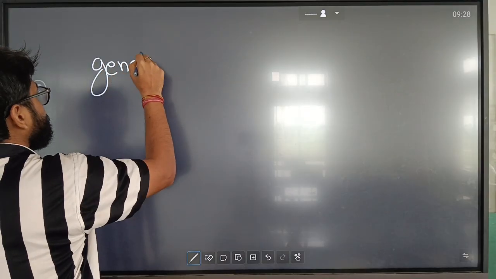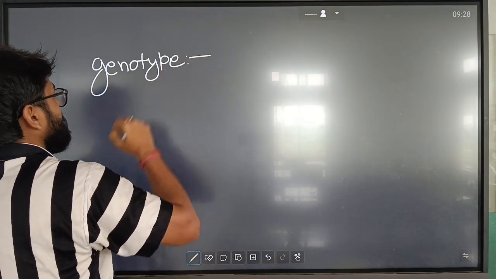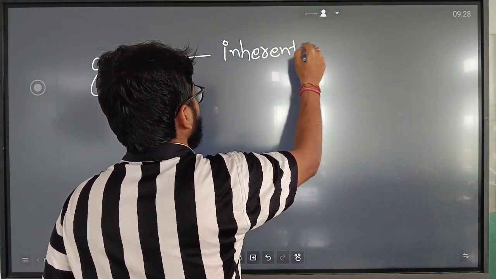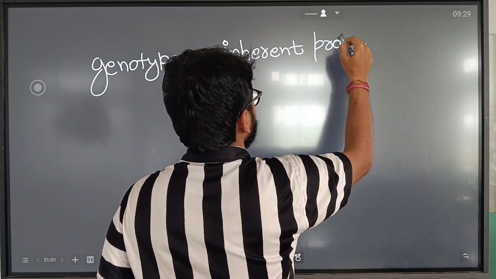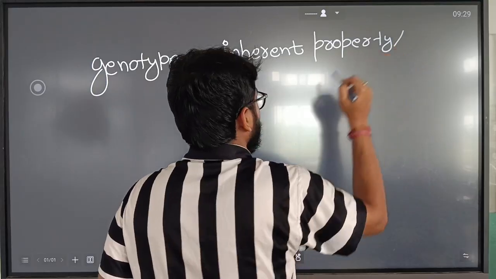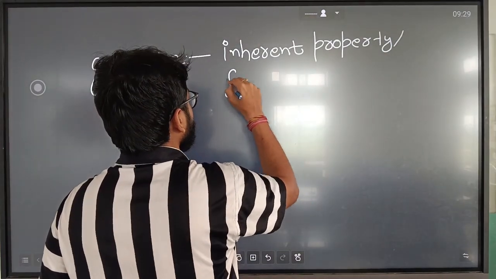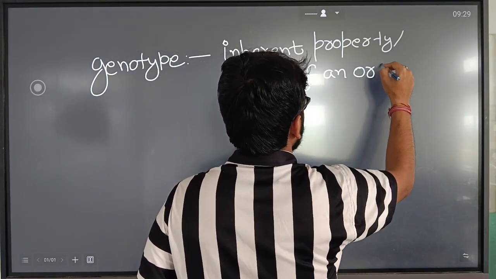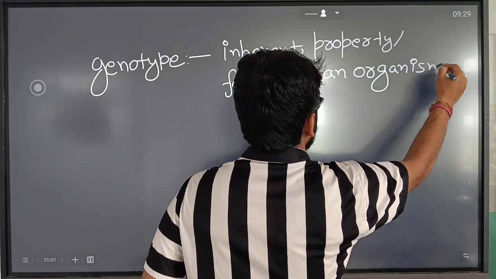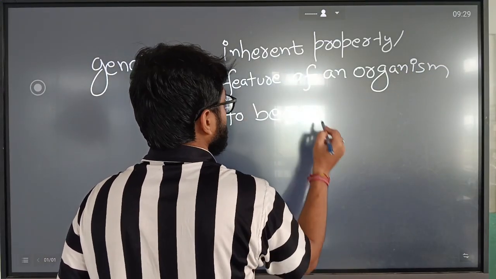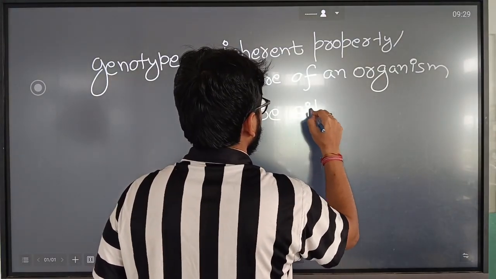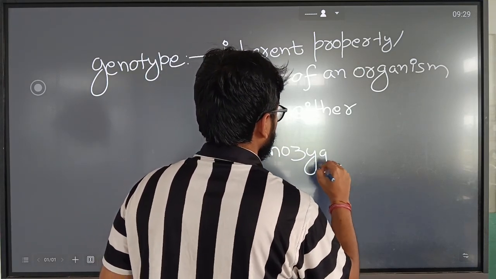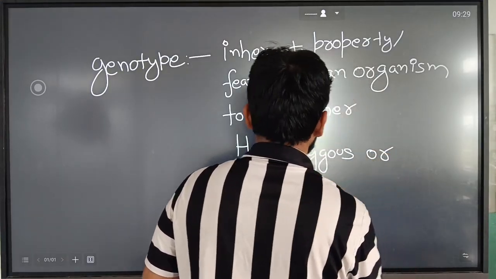Genotype is the inherent property or feature of an organism to be either homozygous, I'll come to what homozygous is as well, or heterozygous.